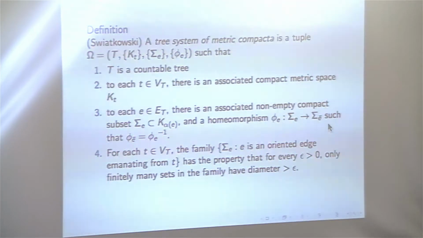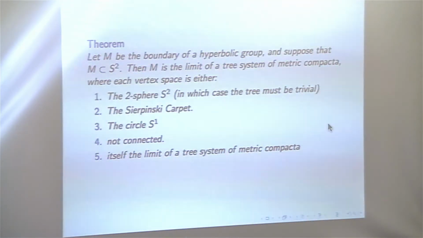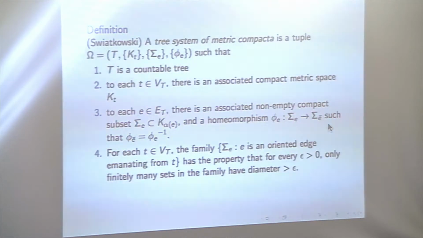And a homeomorphism that glues these two compact subsets along that edge group. I also don't want a whole bunch with big diameter, which just makes it work out. That's called a tree system of metric compacta.